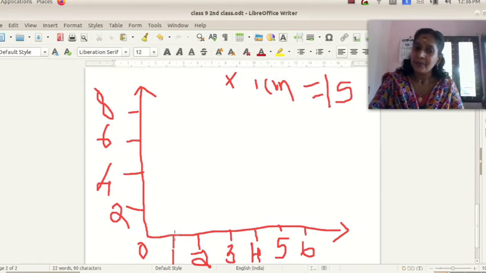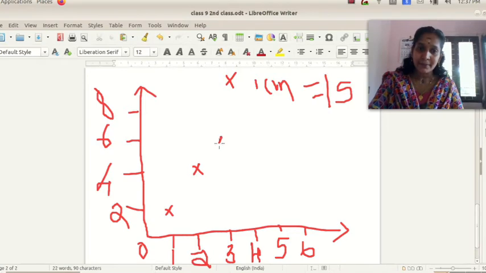After 1 second our object was at 2 meter. It traveled 2 meter. For example, a cat. This cat traveled 4 meter at 2 seconds, and 6 meter at 3 seconds.